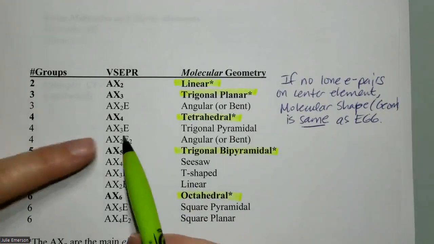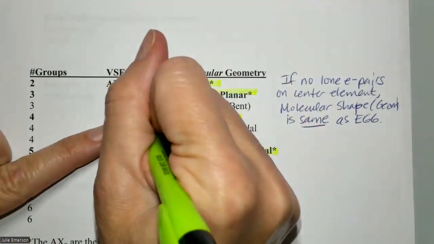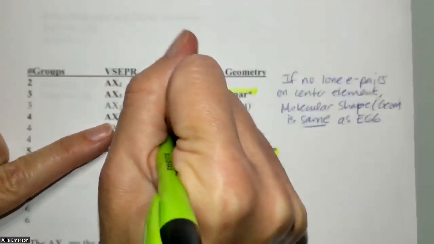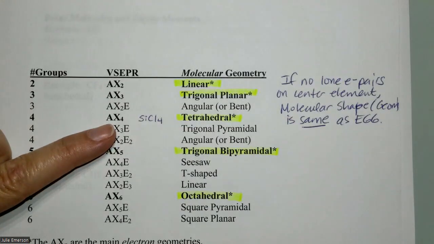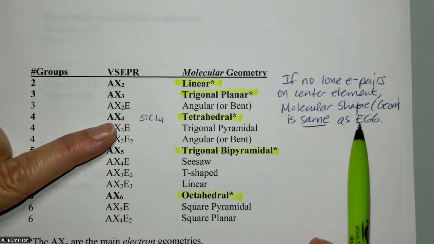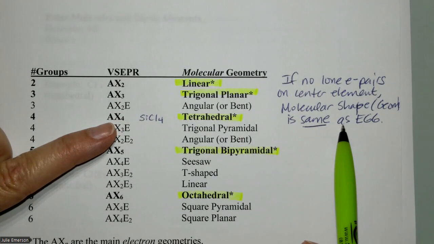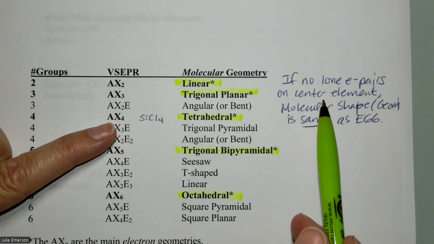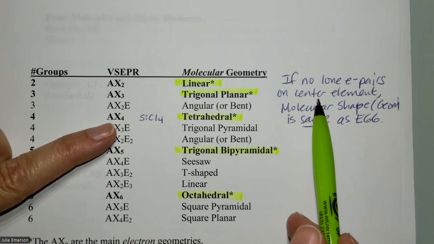So if I had my silicon tetrachloride, there were no lone pairs on the silicon. It was an AX4, no E, right? So the egg, the electron group geometry is tetrahedral because there's 4 bonding elements, but there's also no lone pairs. So what we see is still tetrahedral, right?